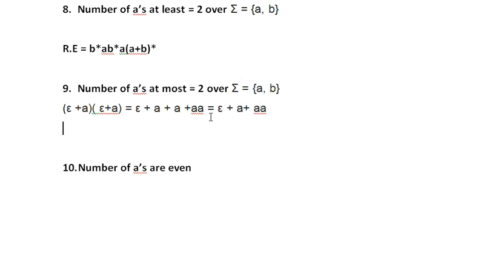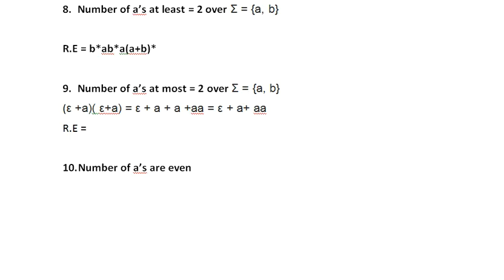So this is why I haven't directly put this particular expression into the final expression, because you should know how to use this. How to get epsilon for number of a's 0, single a for number of a's 1, and aa for number of a's 2. So what will the final expression be? The same concept.